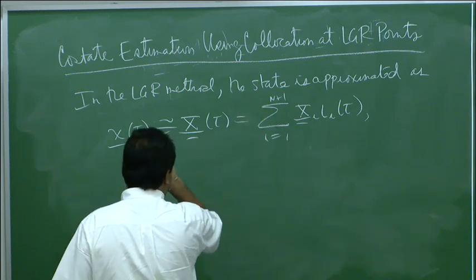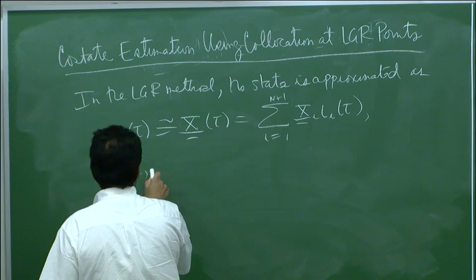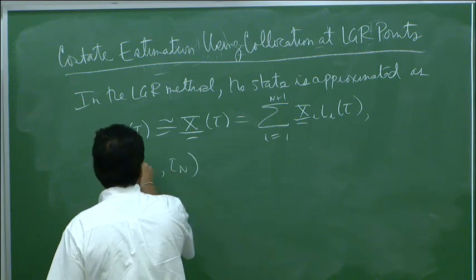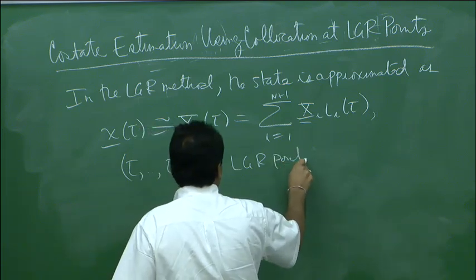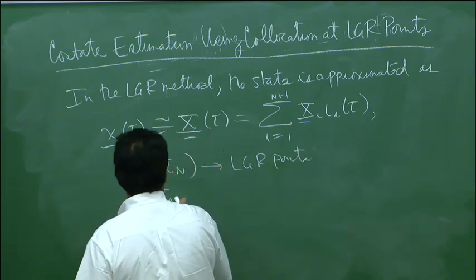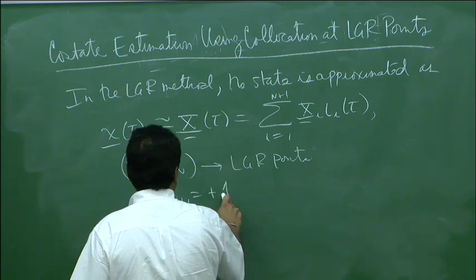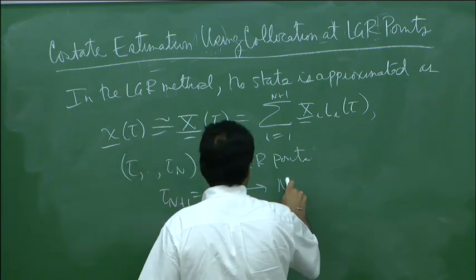So tau 1 through tau n are the LGR points, and tau n plus 1 is equal to plus 1, a non-collocated point.